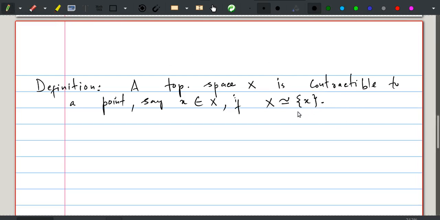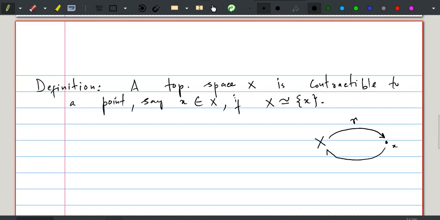Now by definition these two spaces are equivalent when, suppose this is X here and this is a point here, we have a map, say R, from X to this point, which is little x here, and another map from this point to X. Let us denote it by i.